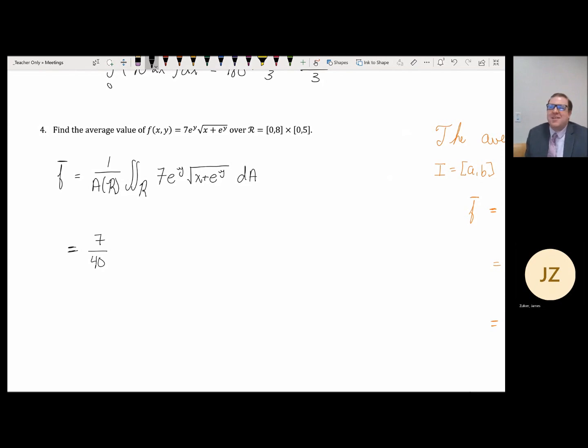Probably the easiest area to calculate is a rectangle, right? Length times width. Maybe a circle's easier. Pi r squared.